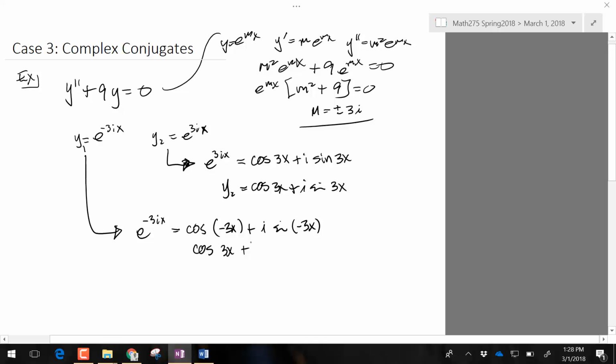How do you know about sine? Cosine is the even function. Sine is an odd function, which means you could take the negative out.